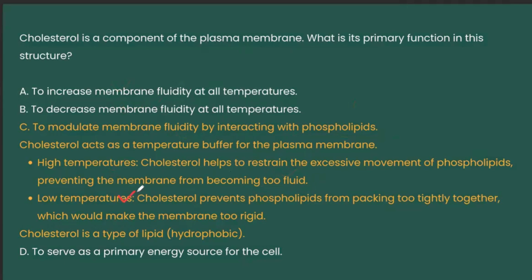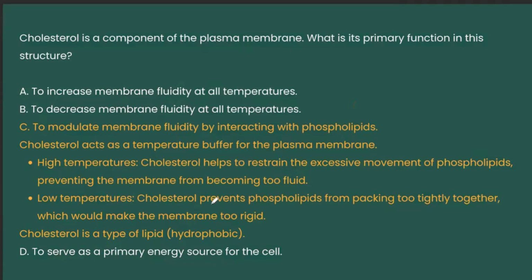And at low temperatures, cholesterol prevents phospholipids from packing too tightly. D wouldn't be a correct answer because it says serving as a primary energy source, and remember, ATP is energy. Now, this question hones in not only on Unit 2, but previous units as well, and that's why this question was here.